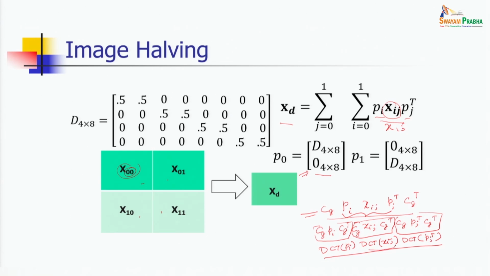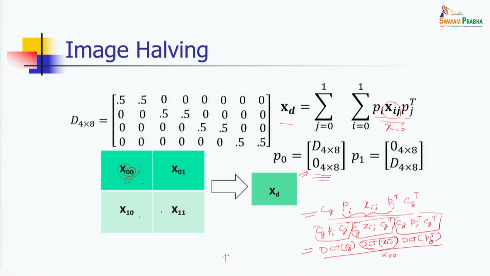If I have the DCT of Xij, say for x00, the DCT of Xij is already given to you when i and j are 0. Pi is also known to you, so it is DCT of P0. This matrix is known; you can take its transform domain coefficients. Similarly, P0 transpose is also known to you; if you take the transpose, its DCT is also known. So now you can simply perform these matrix multiplications.